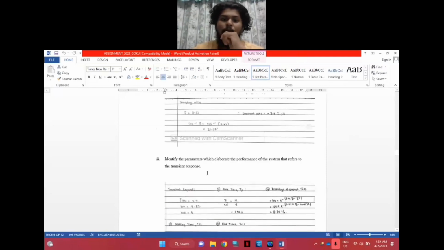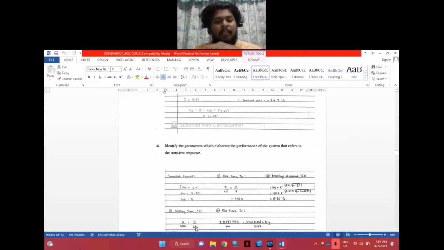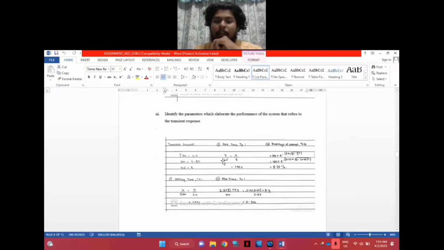Thirdly, we need to identify the parameters which describe the performance of the system, referring to the transient response. The transient response values we got are zeta omega n equal to 2.4, omega n equal to 3.87, and omega d is 8, where we need to find the settling time, peak time, rise time, and also percentage of overshoot.